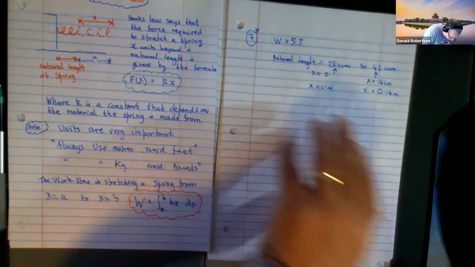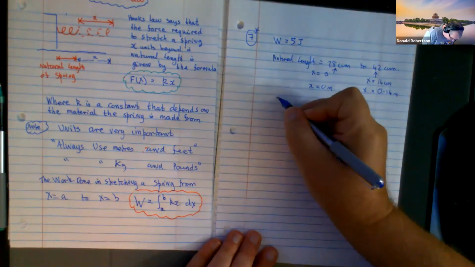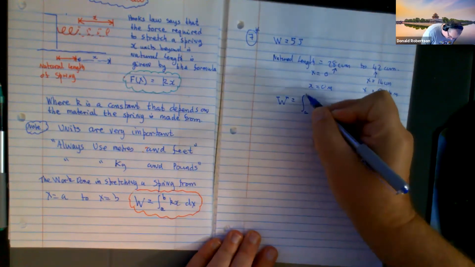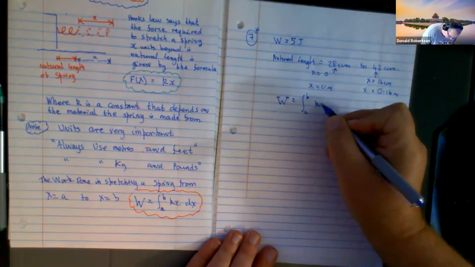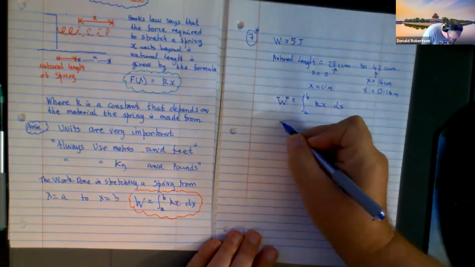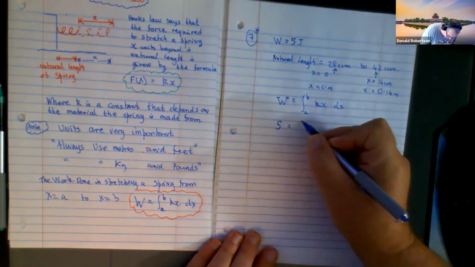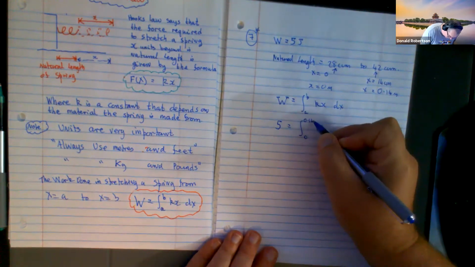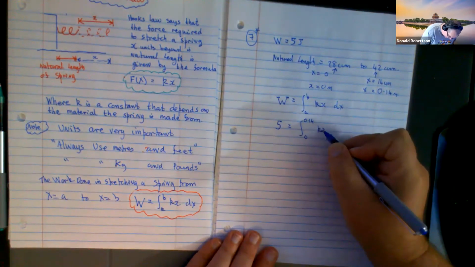Now, what do we know about work? The formula for work is the integral from a to b of the force function dx. And we're told that the work is 5. And so we have the integral from 0 to 0.14 of kx dx.